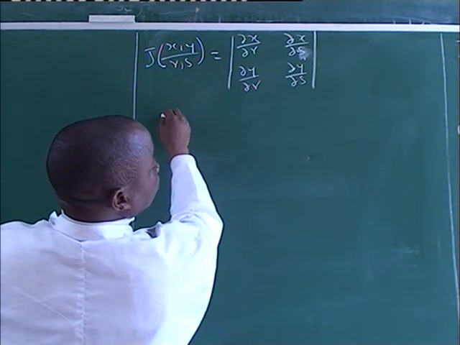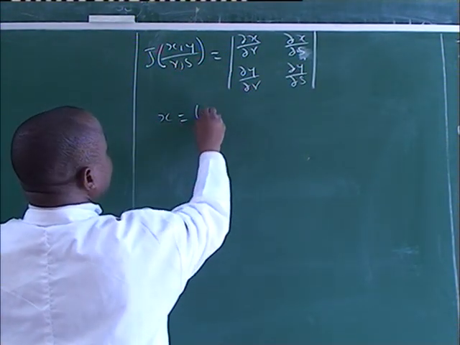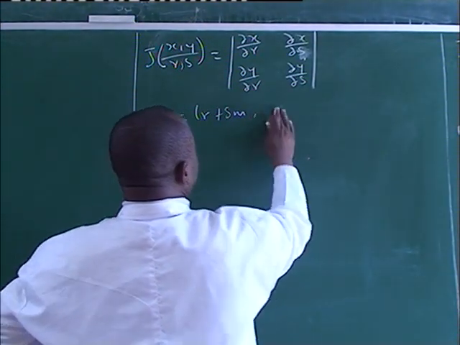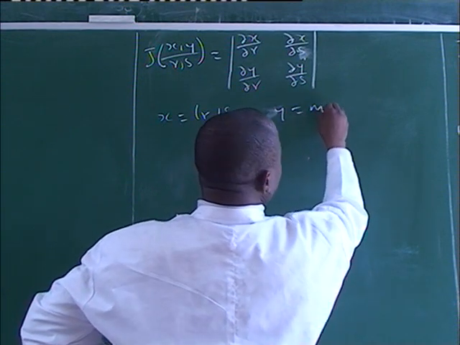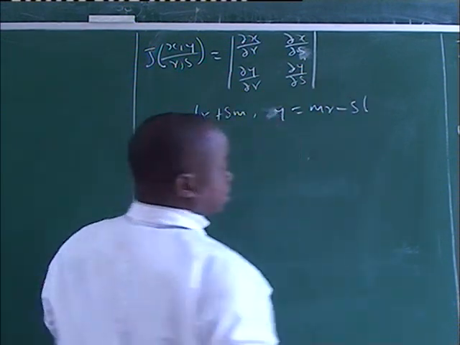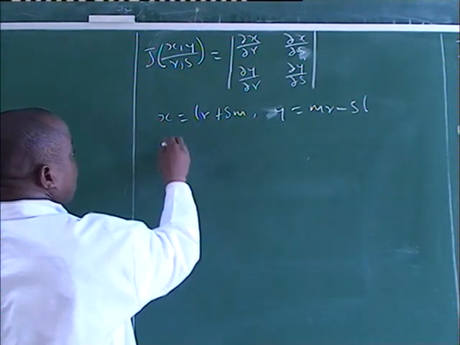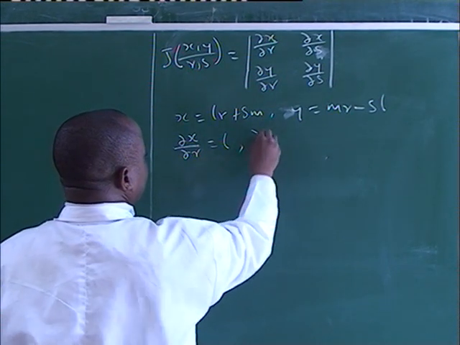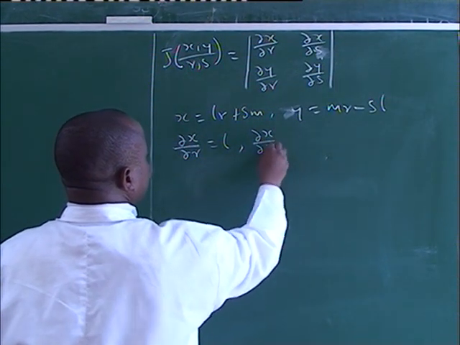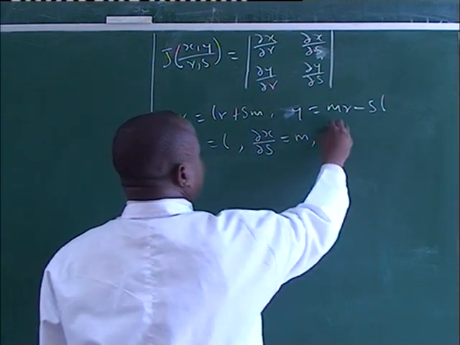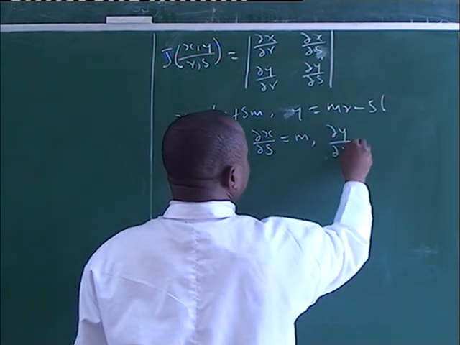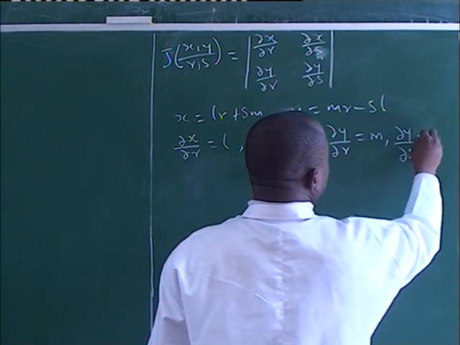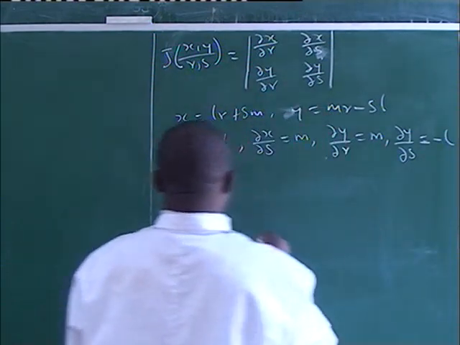Now we know that x is equal to Lr plus Ms, and then y is equal to Mr minus Ls. So partial x, partial r is L, partial x, partial s is M, partial y, partial r is M, partial y, partial s is minus L.